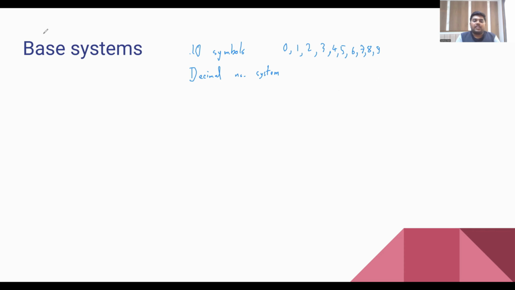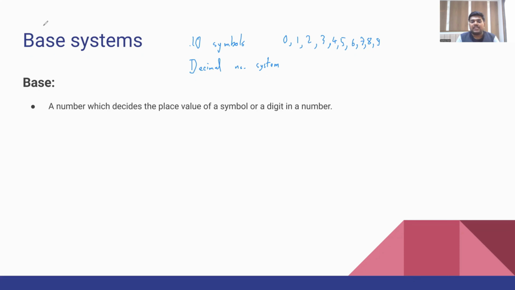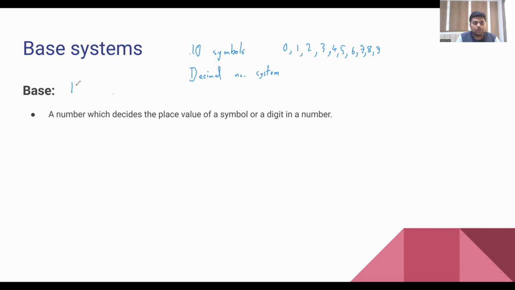Talking about the definition, a base is a number which decides the place value of a symbol or a digit in a number. If the base is equal to 10, which is the case of the decimal number system, we will be using a total of 10 symbols for depicting a number.